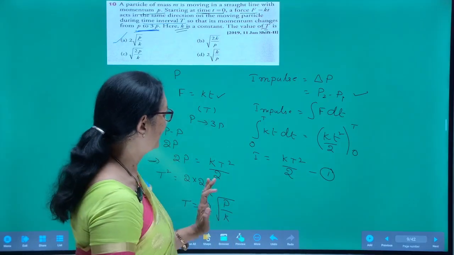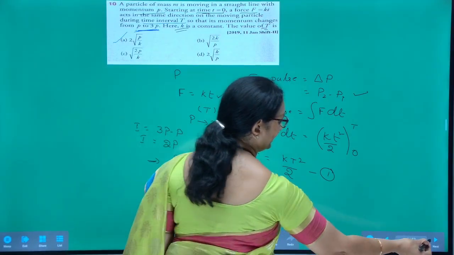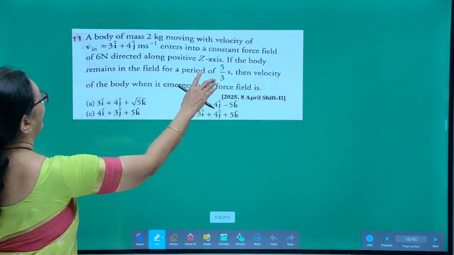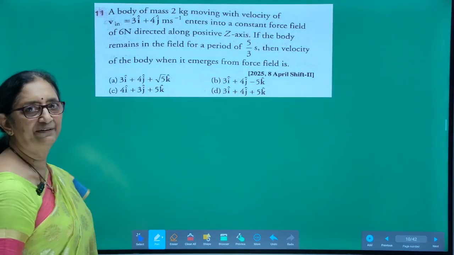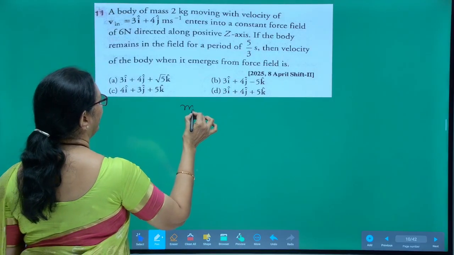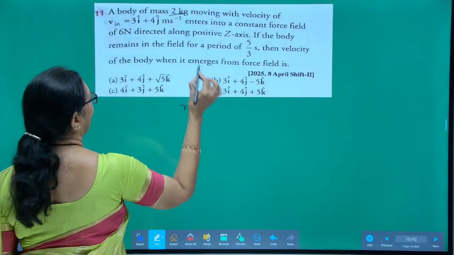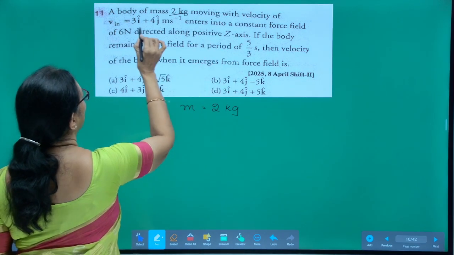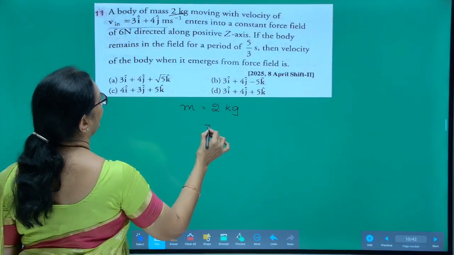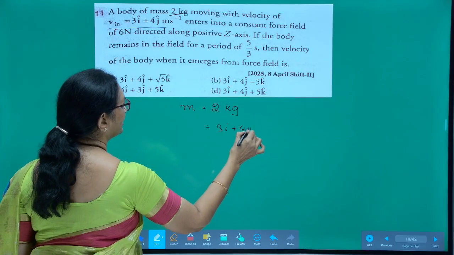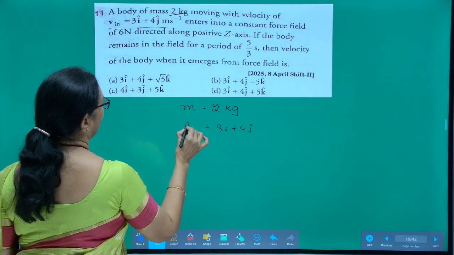Okay? Now, let us move on to the next problem. Look here, read the problem carefully. A body of mass 2 kg. Let us note the data here. Mass is given as 2 kg. It is moving with a velocity 3i plus 4j meter per second.